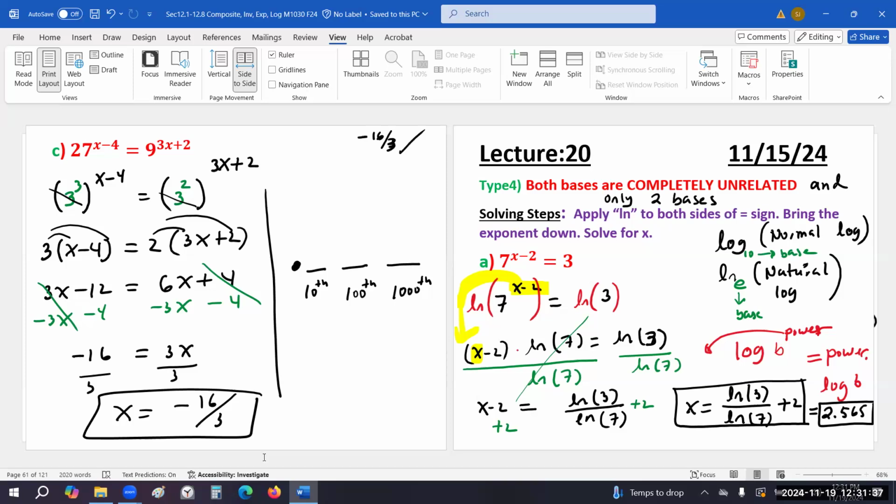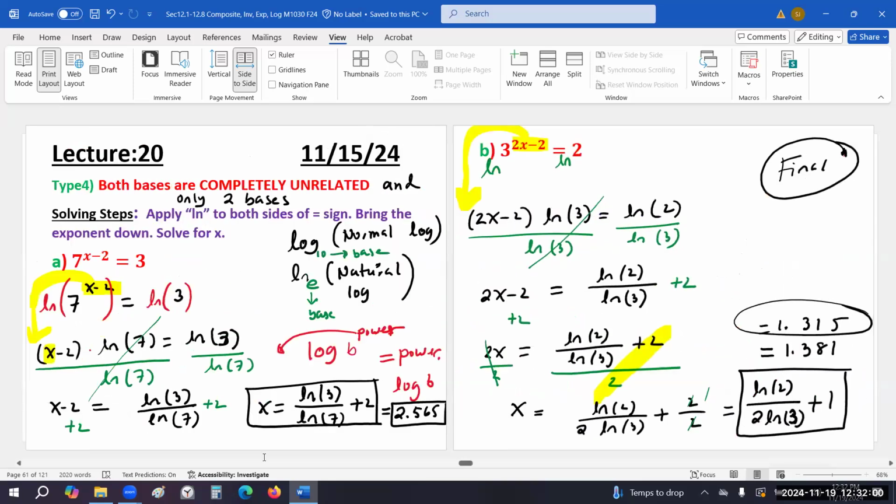So in order to solve for x from the power, we need to bring it down. We ask help from the log, and we use ln, which is natural log, a special type of log. Once we put log into our function, the power comes down, and then we solve for x algebraically.